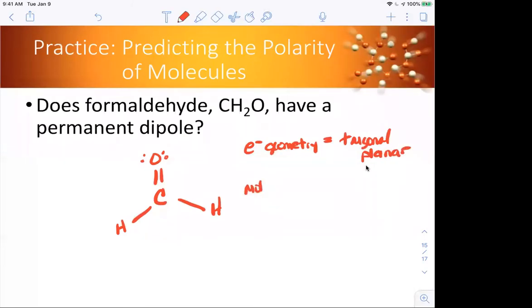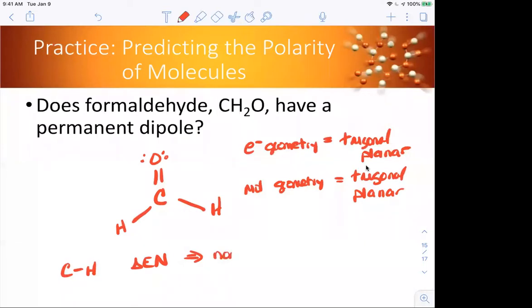My molecular geometry is also trigonal planar. My carbon-hydrogen bonds, if I look at the difference in electronegativity, that falls in the nonpolar range. If I look at my carbon-oxygen bond and I look at the difference in electronegativity, that is a polar bond.